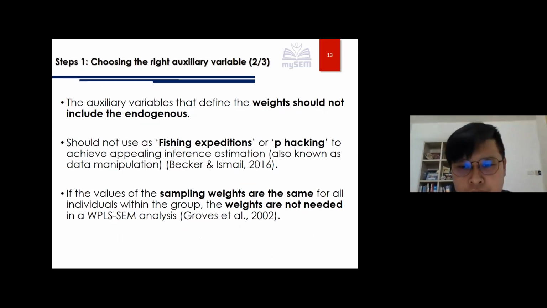The fourth thing you need to know is that your auxiliary variable should not be used as endogenous, which means if you plan to use your auxiliary variables for, say, performing logistic regression, then you cannot do this WPLS. And the fifth thing about this WPLS is you cannot use it for a fishing expedition or p-hacking.